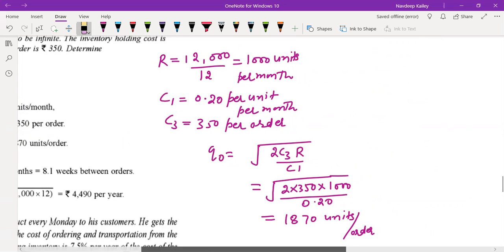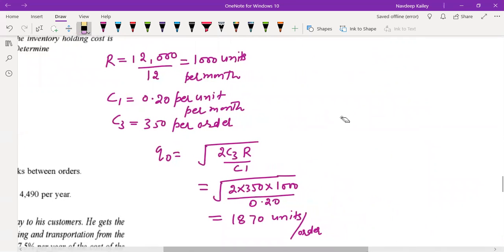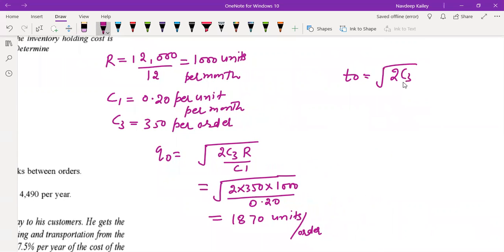I already calculated the formula for the optimal scheduling period, which is given as T0 equal to square root of 2 C3 upon C1 R, which is further equal to 2, C3 is 350, C1 is 0.20, and capital R is 1000.